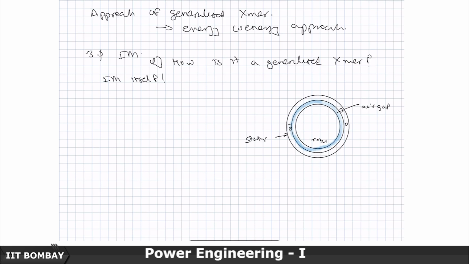So this is my A, this is my A dash, then go 120 degree further here, you get B, and you get B dash, and go 120 degrees further here, 60 and 60 on the both sides, and you get C, and you get C dash. So you can think of it, these are of course strictly speaking distributed windings, three phase on stator, and if you want you can show it like this.